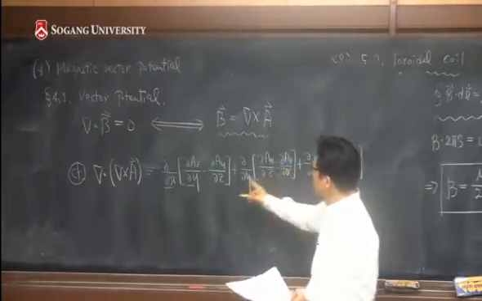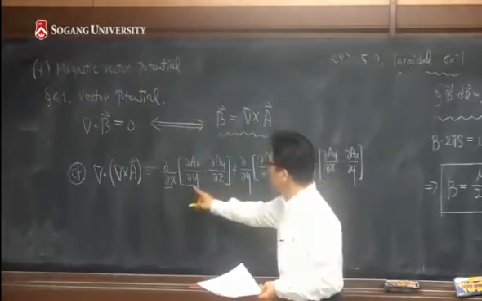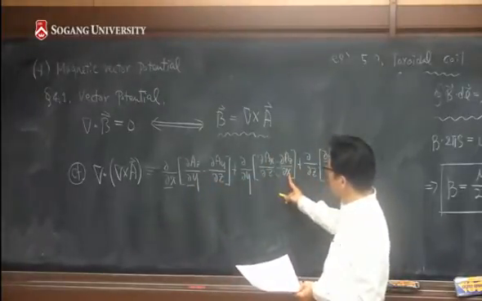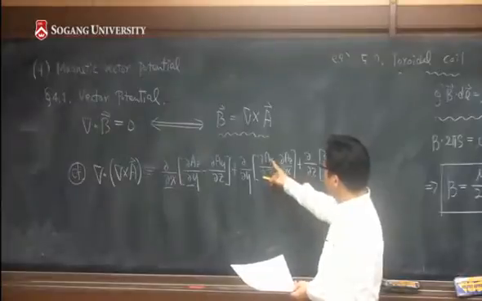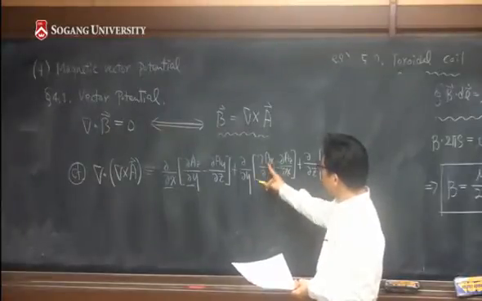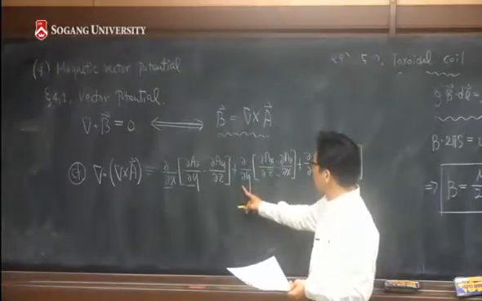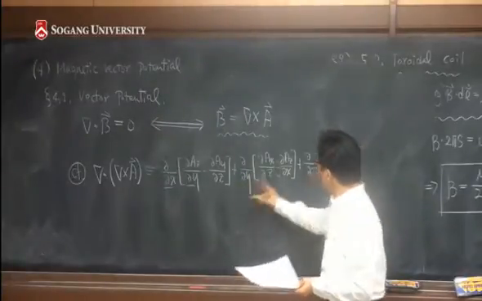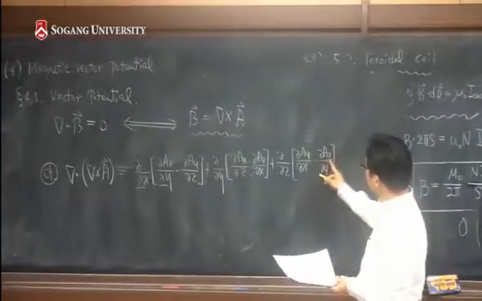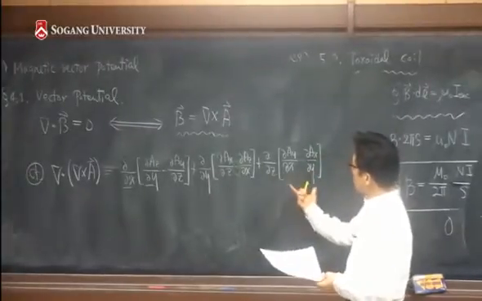Okay, so these two terms will be cancelled, and taking a z derivative with respect to x of Ax, and a derivative with respect to y, will also cancel with taking a derivative in y and z, which is just a change of the order.